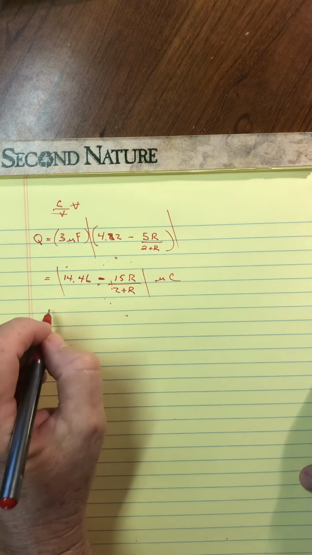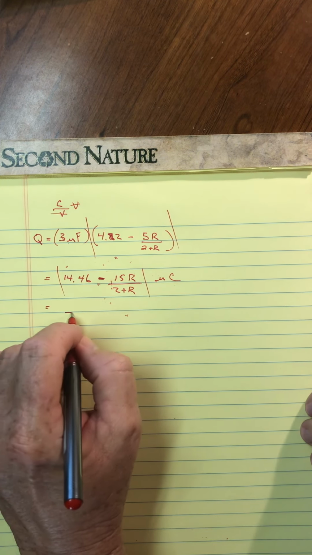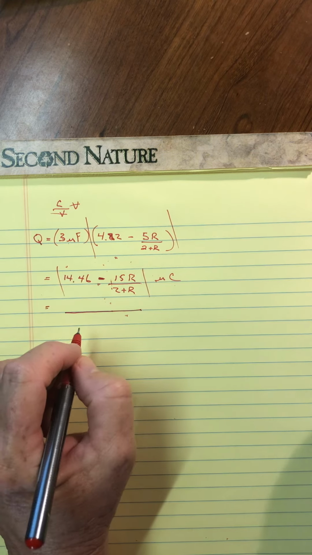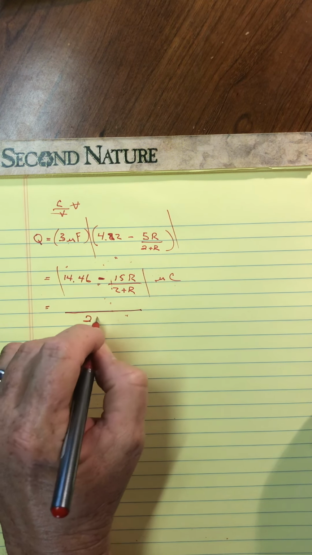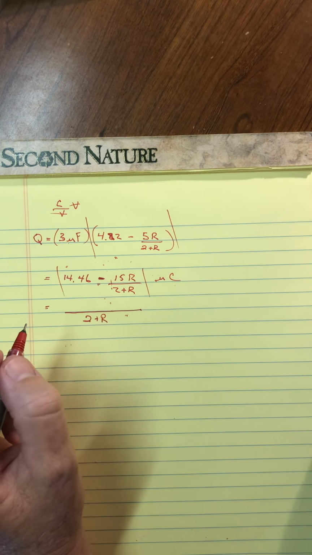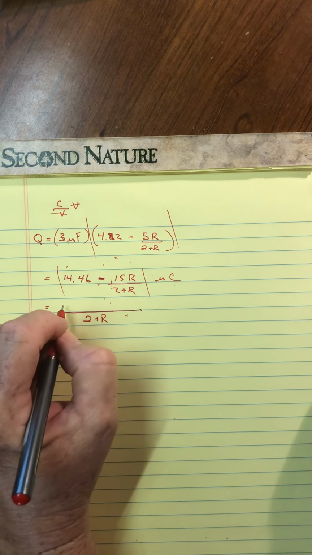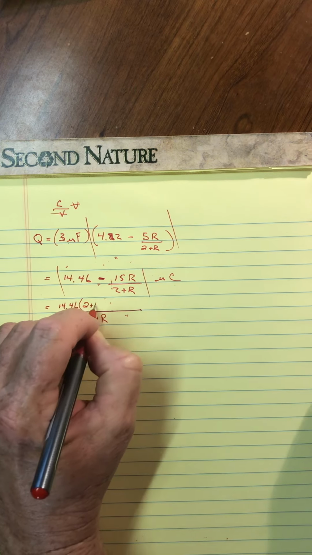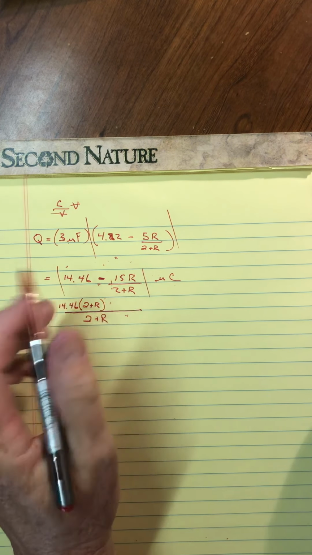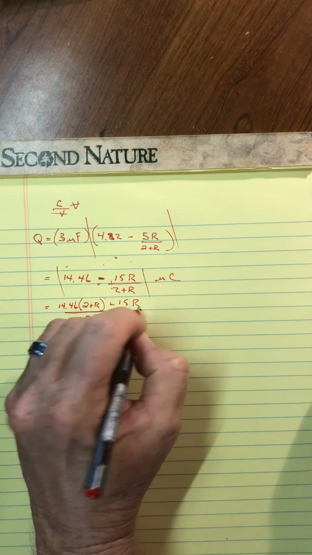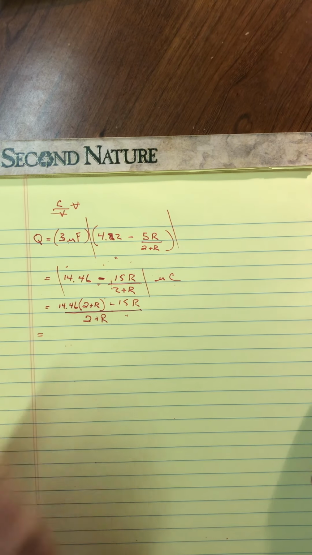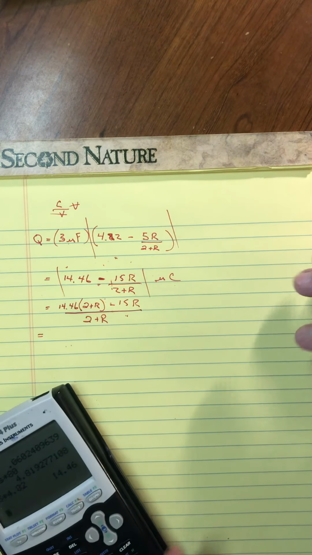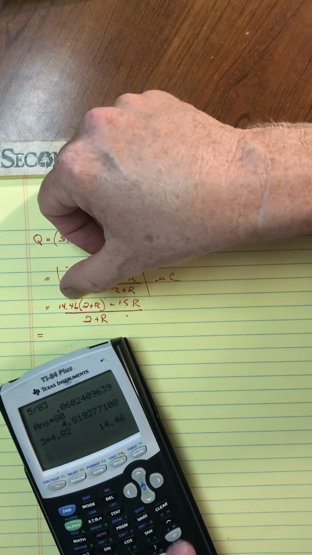Okay, so then the author does one more step. The author puts it over a common denominator of 2 plus R. Okay. And so that means this 14.46 would have to be a 2 plus an R to get it to the same denominator minus a 15R. And, okay, so that is probably where that number comes from.